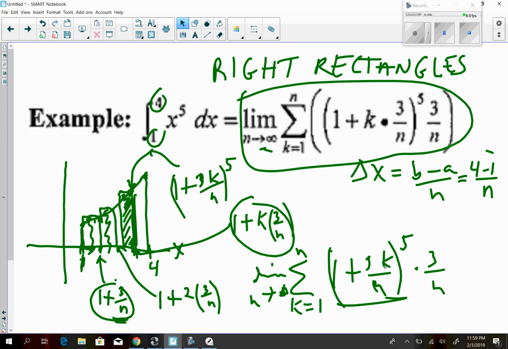And if k is 2, this whole thing right here becomes all that there to the fifth, and so on. So the k means we're just talking about any of these rectangles, not just the first one or the second one or the third one. This refers to any of them, starting with k equals 1, the first one, up to the nth rectangle, where we'd like to make n infinitely many rectangles.